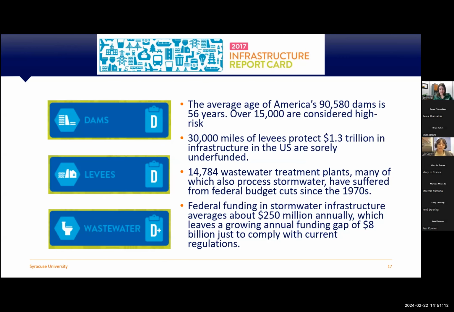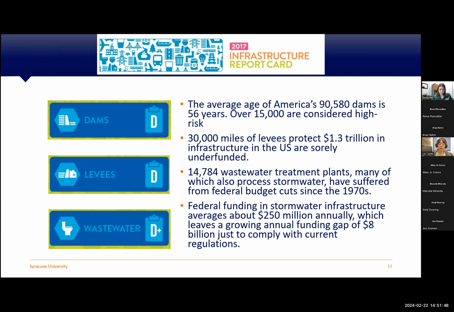Okay. So just to underscore how much aging infrastructure is playing into increased pluvial flood risk, these are the grades for dams, levees, wastewater, and stormwater infrastructure from the American Society of Civil Engineers 2017 Infrastructure Report Card. The ASCE grades the state of American infrastructure, and the primary metric that they're using is the state of the infrastructure and the federal funding gap.